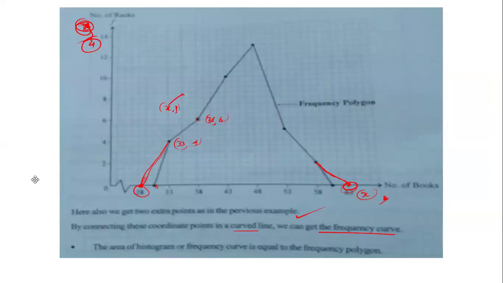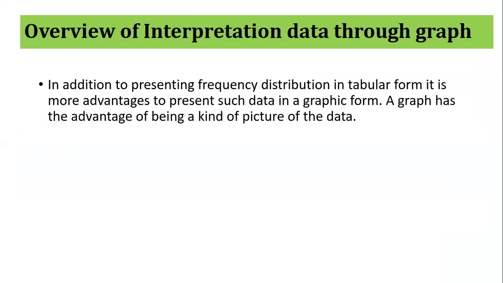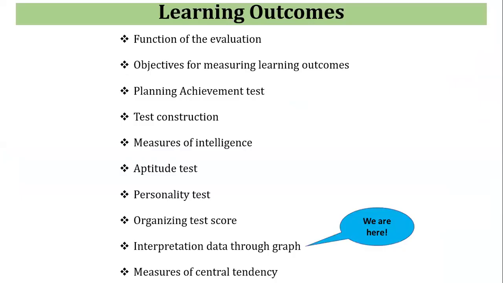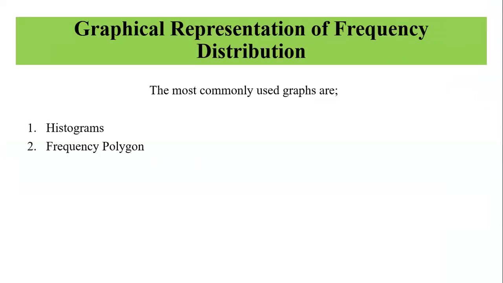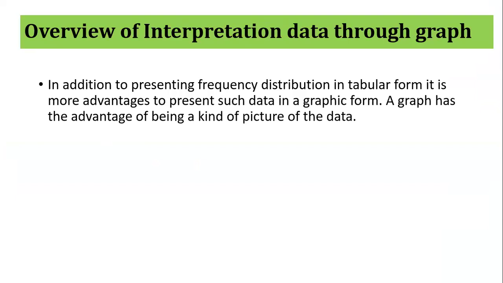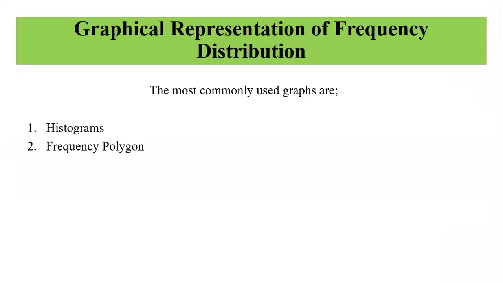Yeah. Now I'll move on to the last chapter. We discussed chapter 9, which is also completed: interpretation of data through graphs. That means we can present previously discussed frequency distributions using a graph.